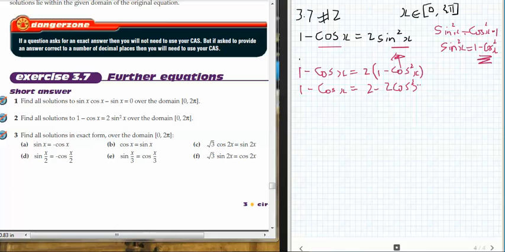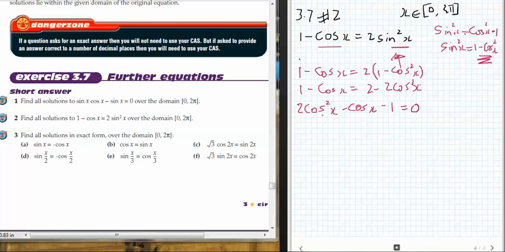And if I move everything to the left-hand side, the negative 2 cos squared will become 2 cos squared of x minus cos of x, and I'll have 1 minus 2 is minus 1 equals 0.